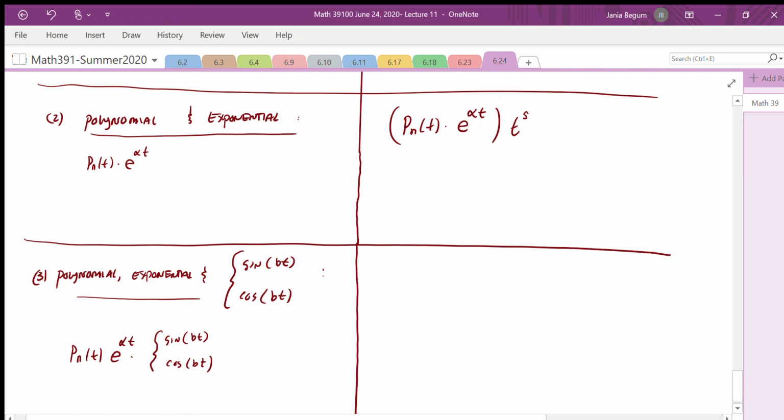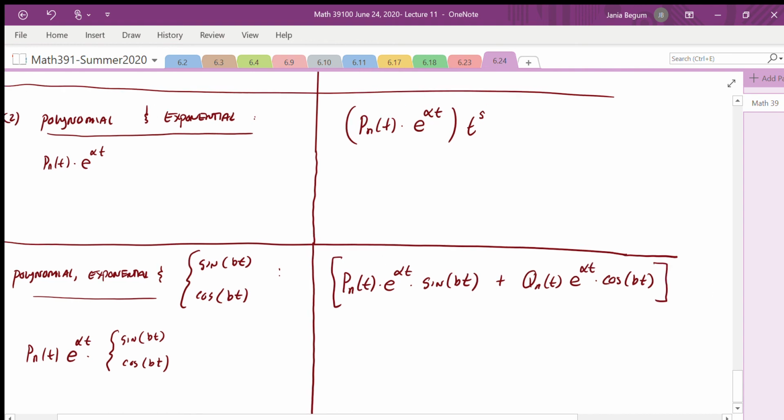So we will have some polynomial of nth degree times e to the alpha t sine of bt, plus another polynomial, let's call it q of n of t, times e to the alpha t times cosine of bt. And if any of these appear in my homogeneous solution, I need to modify it, so we multiply it by t to some power s. That would be the modification. Okay.